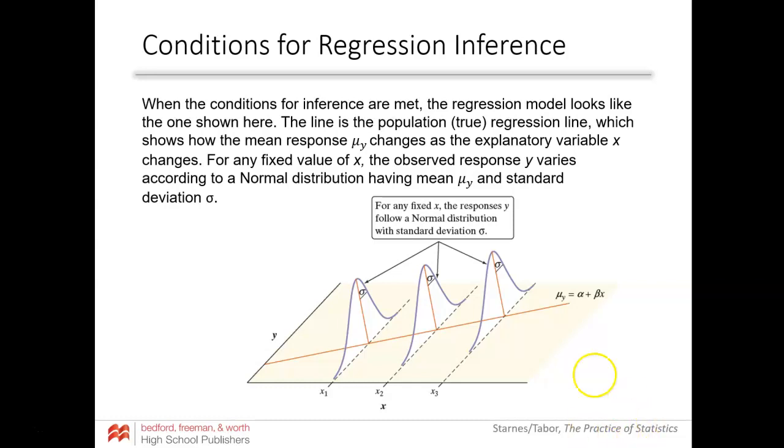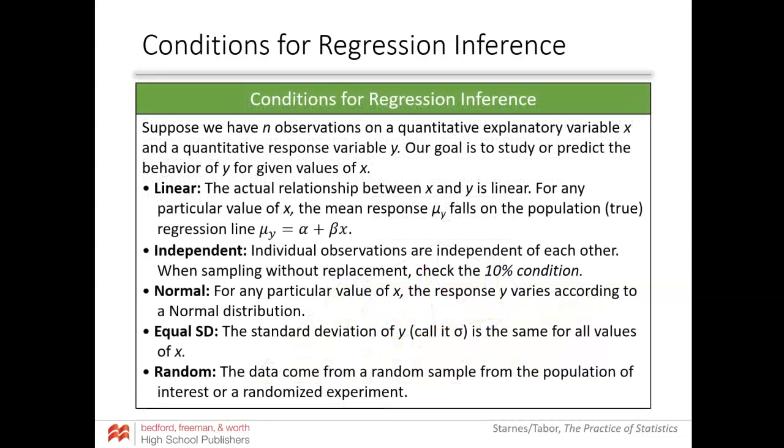So whatever this x sub 1 is, if I follow it up to the line, it's going to be centered at the center of that distribution, which we know is supposed to be beta. So it's going to follow a certain predictable pattern, thus the prediction line. For any fixed value of x, the observed response variable y is going to vary according to a normal distribution. Okay, cool. Let's see what this looks like.